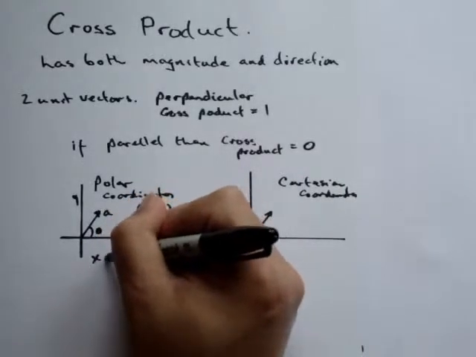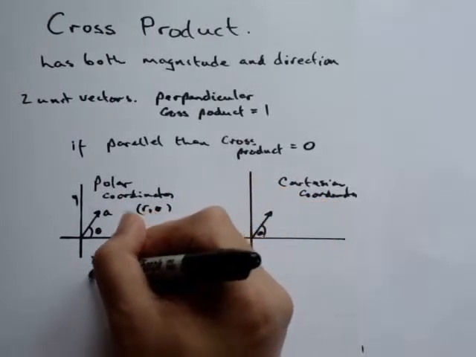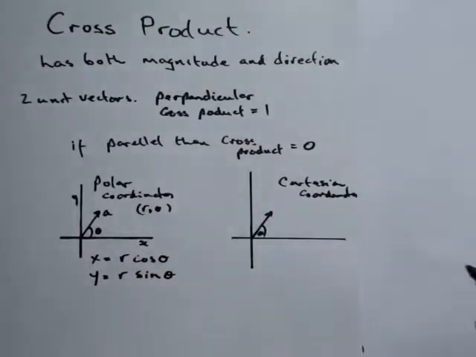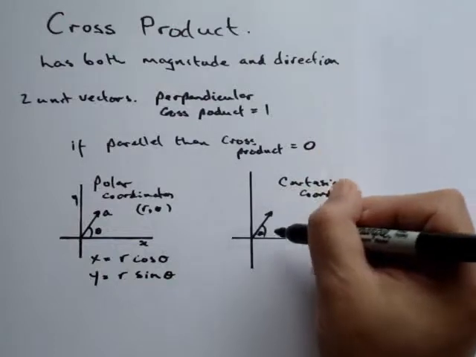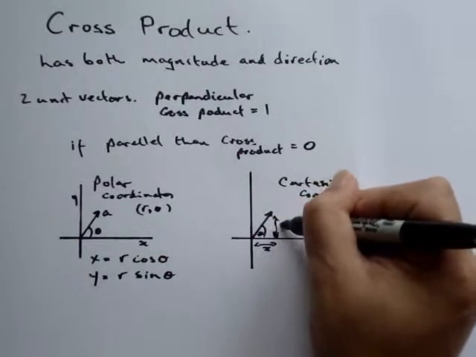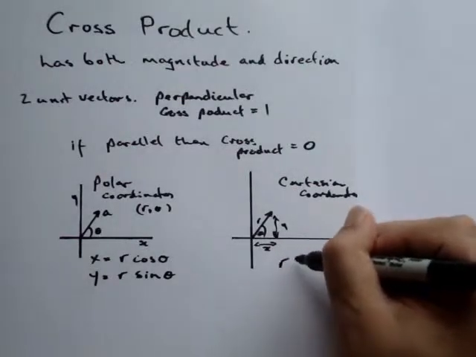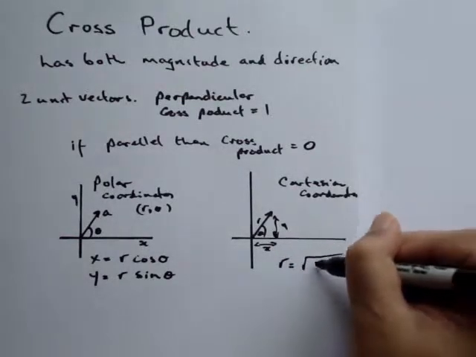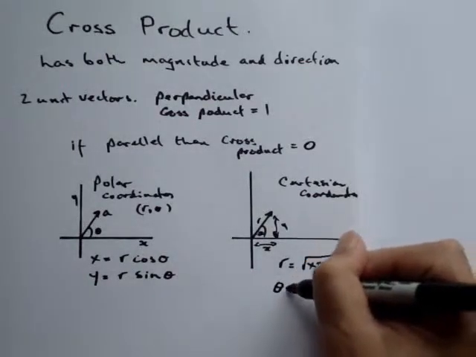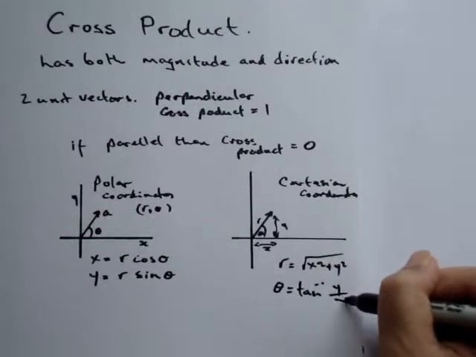So our x equals r cos theta, and our y equals r sine theta. Here we'd have our x and our y, and this would represent r. So our r is the square root of x squared plus y squared, and our theta is inverse tan y over x.